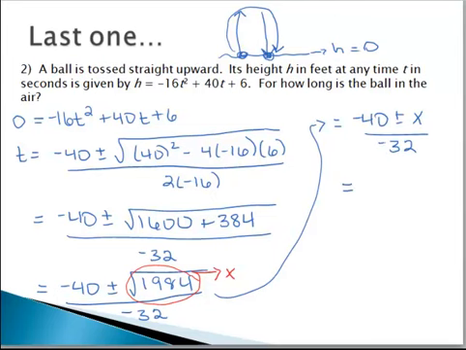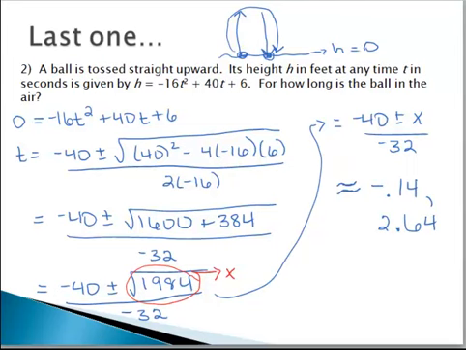So in my calculator I do negative 40 plus X, get a number, and then divide it by a negative 32. And I get approximately negative 0.14. Then I do negative 40 minus X, get a number, divided by negative 32, and I get approximately 2.64.